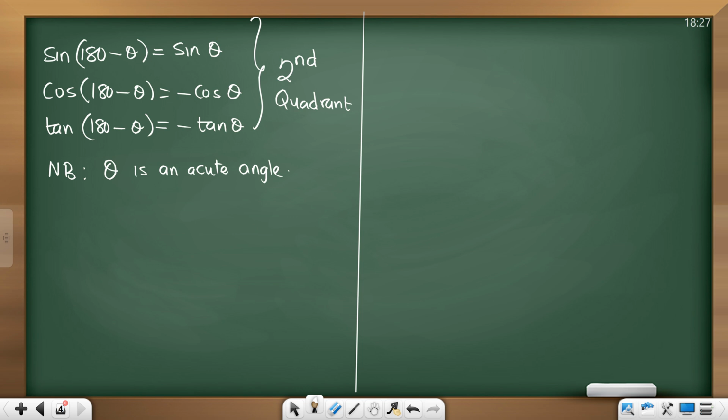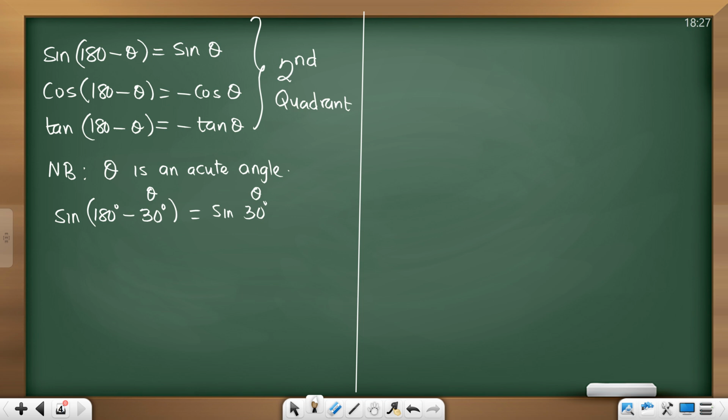Maybe it's not making sense yet. Can this be true? Remember, this is my theta. I must write the same angle here.